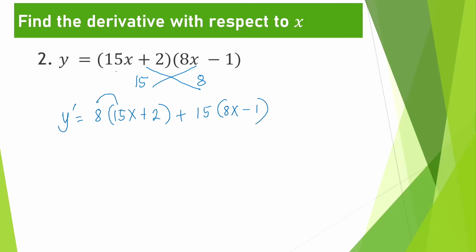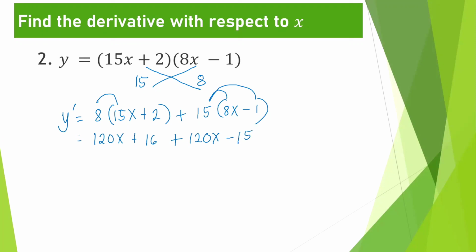So 8 times 15 is 120x plus 16. Then 15 times 8 is another 120x minus 15.